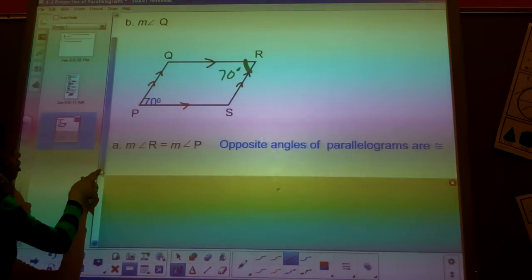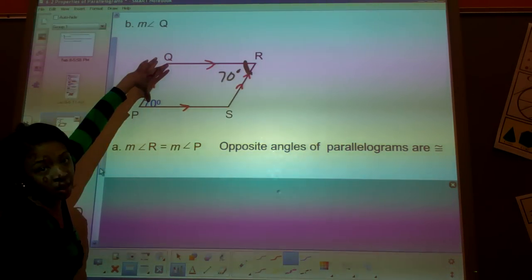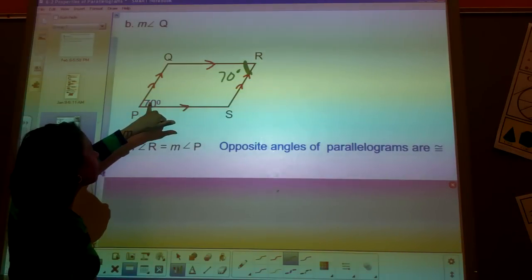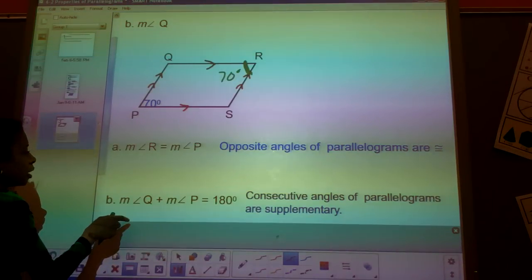And then let's do B, the measure of angle Q. What do we remember? Consecutive angles of a parallelogram are supplementary. Therefore, the measure of angle P plus the measure of angle Q will be equal to 180 degrees. And here's that being shown.